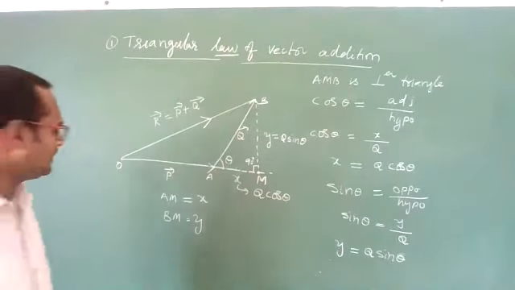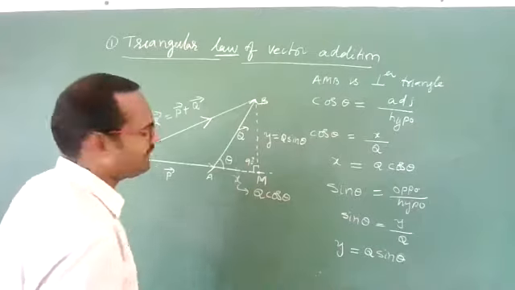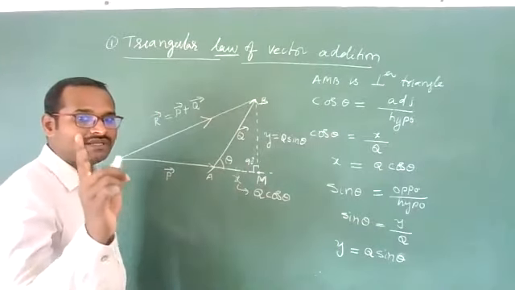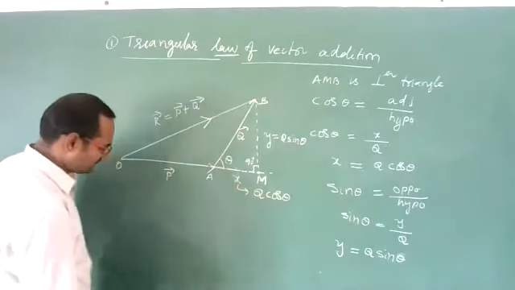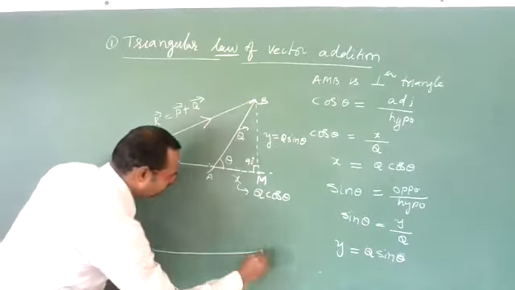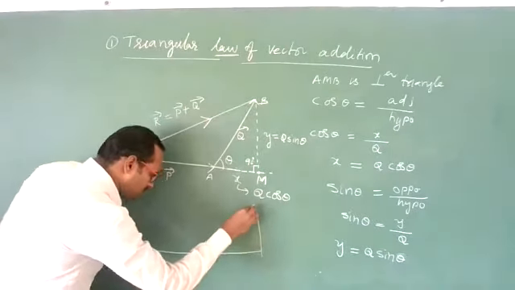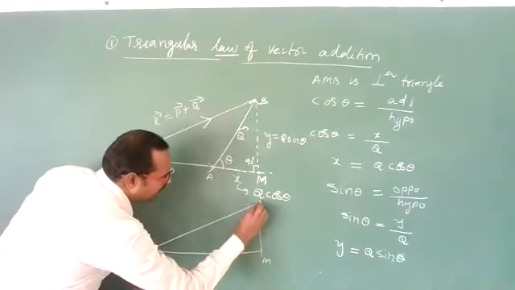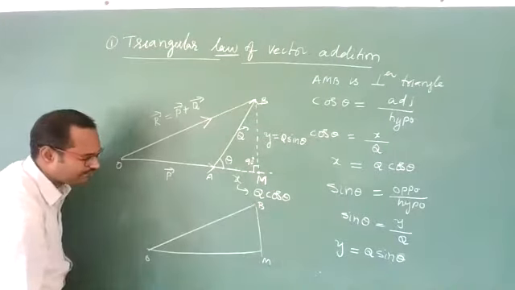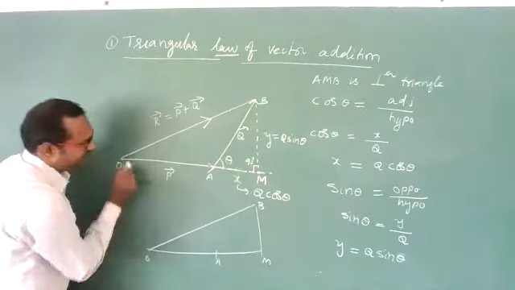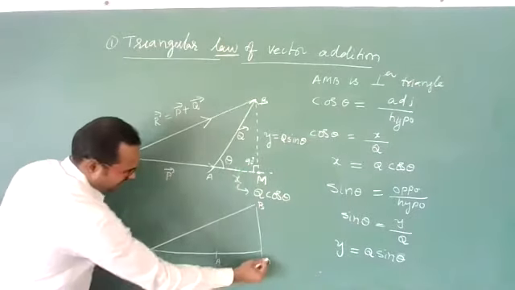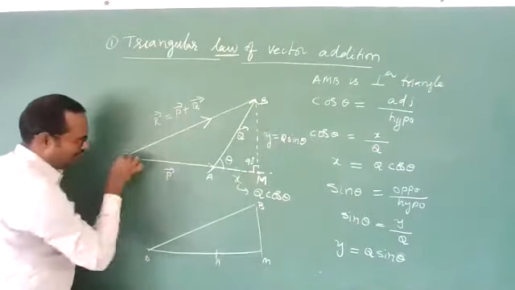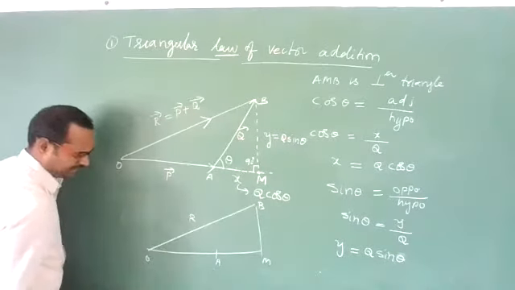Okay, okay na? Now we are having one right angle triangle again. This is our right angle triangle, that is OMB. Can you see? Here A is there, OAM, this line. B, R. This is the resultant.